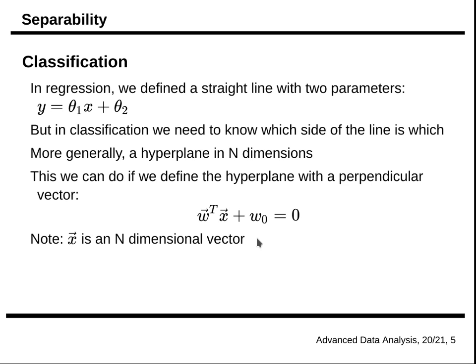In regression, we defined this straight line that we wanted to fit to a set of points with 2 parameters. We wanted to predict y as a function of x, so we defined this straight line in these dimensions with the slope and the intercept.